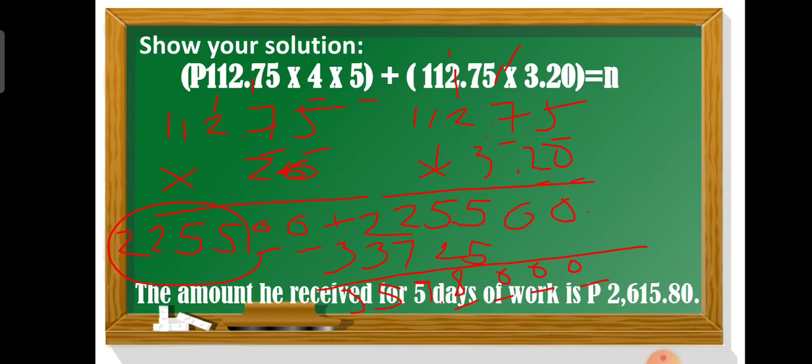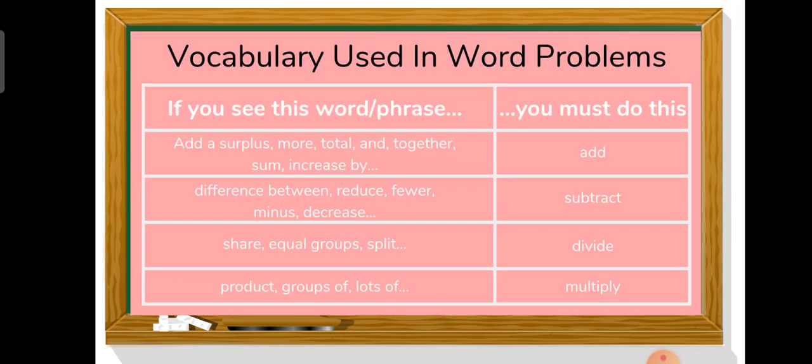I'll give you more terms to consider when you solve problems. These are the word clues. If you see words or phrases like add, surplus, more, total, together, sum, increase by, you must add.